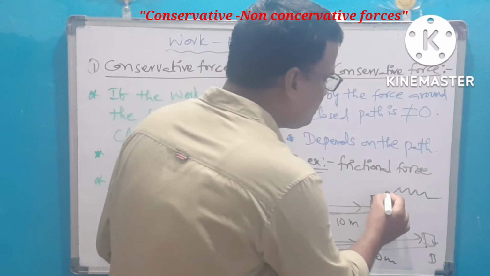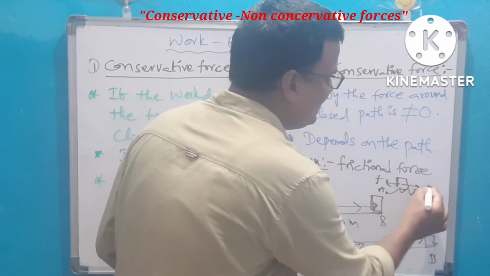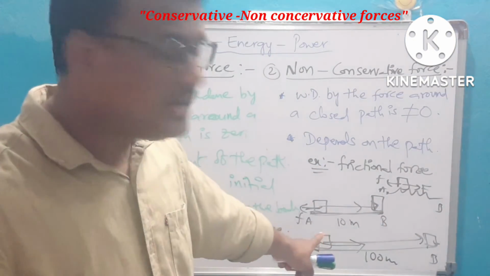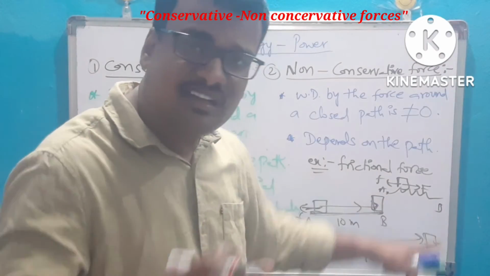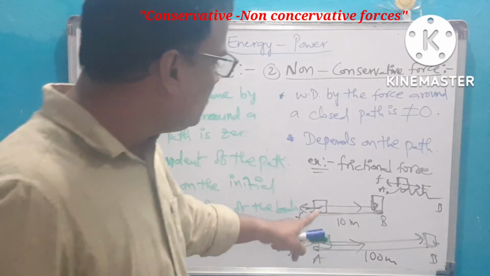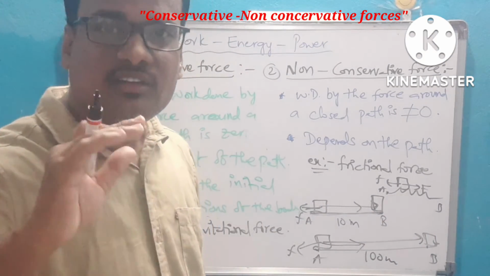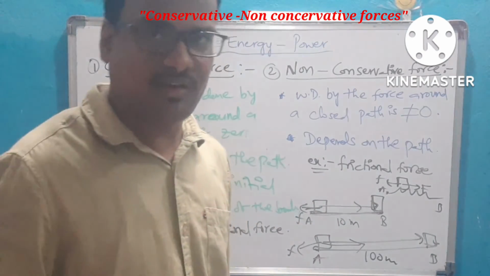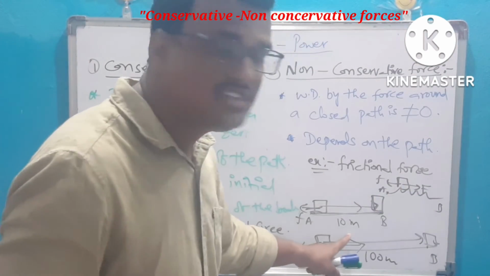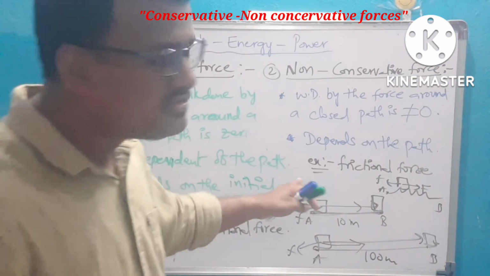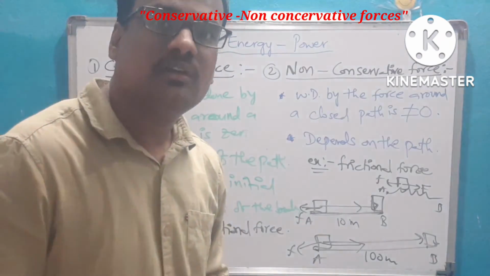So compared to the first case, in the second case the surface is uneven, so more friction is developed against the applied force. That's why the frictional force depends on the path, and that's why the frictional force is the best example for a non-conservative force.